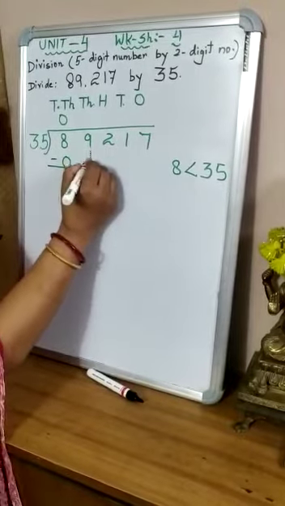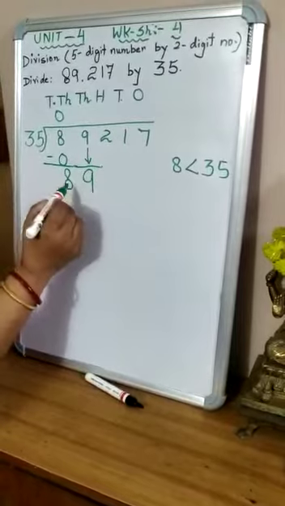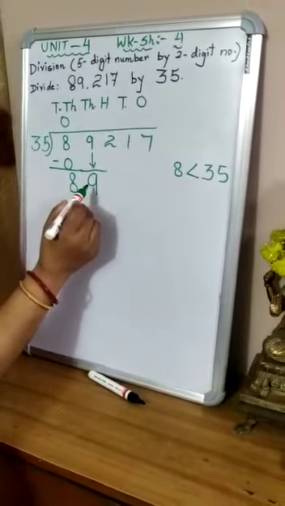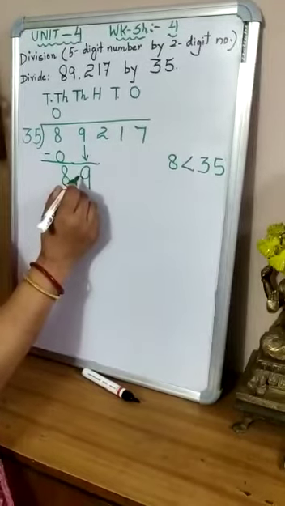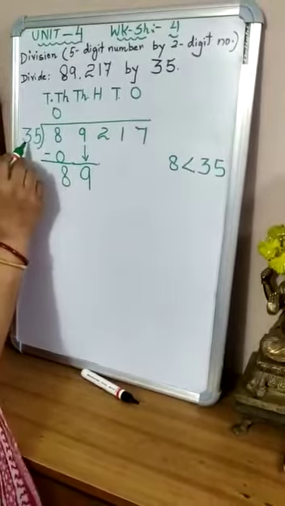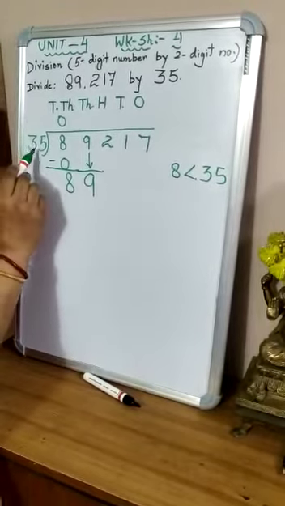Now I will go towards the thousands place, to the right side of the number. I will put down this 9 along with 8. Now it becomes 89,000, and 89,000 will be divided by 35.